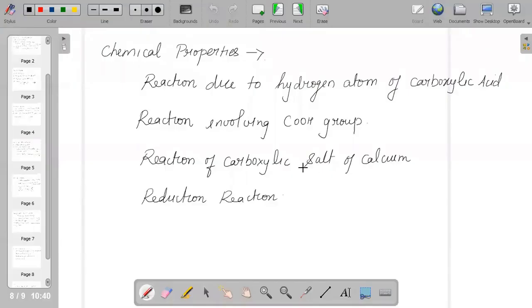So when we talk about the chemical properties, what are all the chemical properties of carboxylic acid?